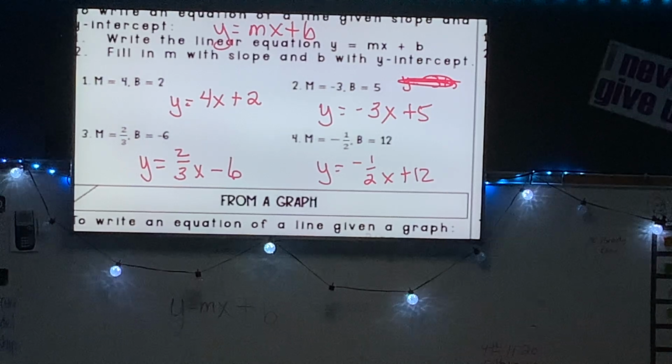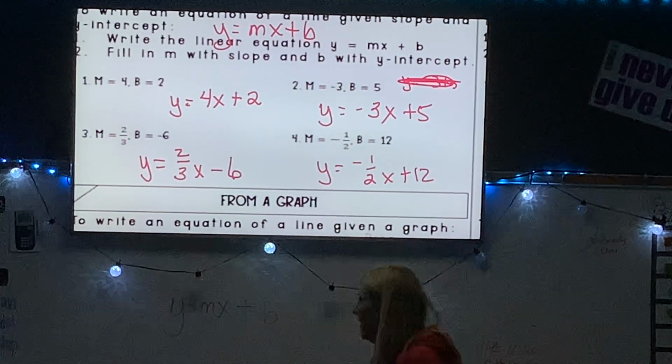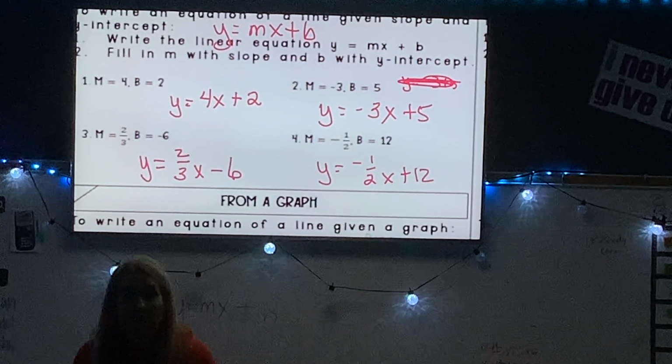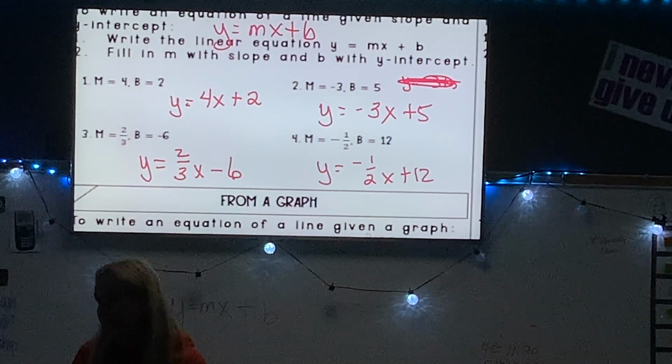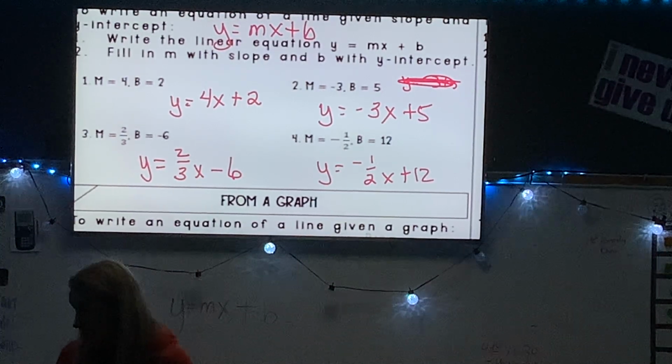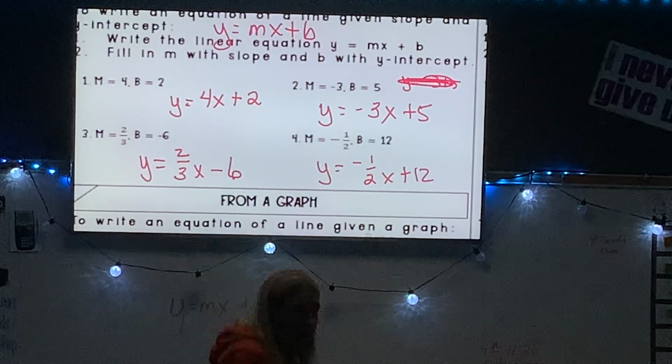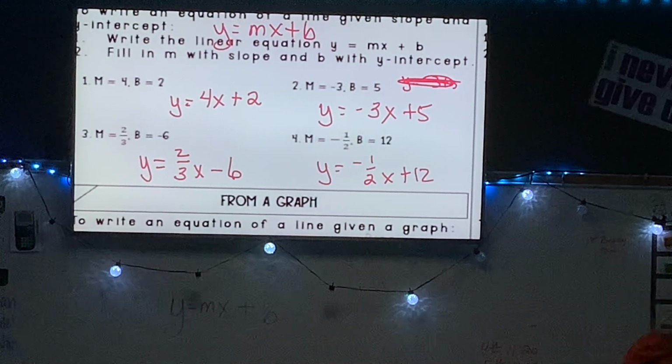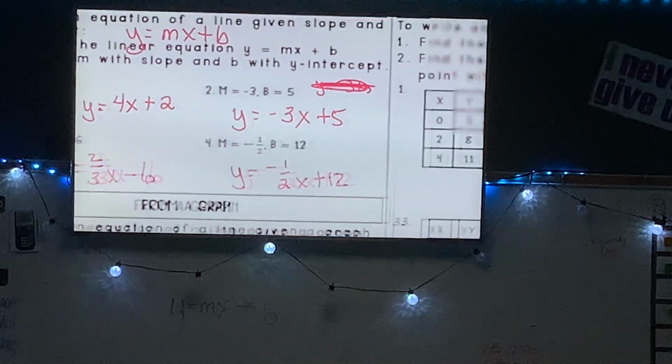Perfect. Okay, more than likely, they are not just going to have something that simple. They will give it like you're normally used to. A graph, a table, or ordered pairs. And you'll know how to find the slope and y-intercept from that. So that's exactly where we're going.